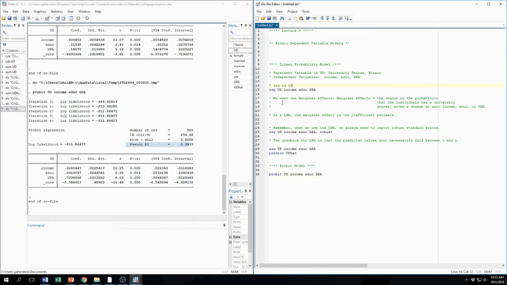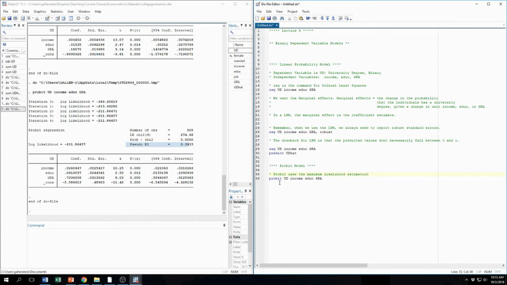Reg is the command for ordinary least squares. And then I'm going to put here, Probit uses the maximum likelihood estimation.